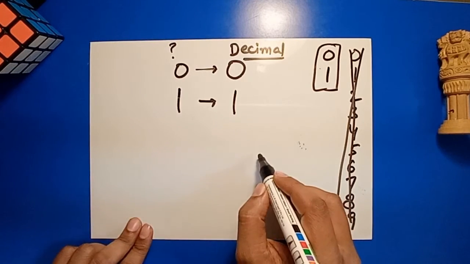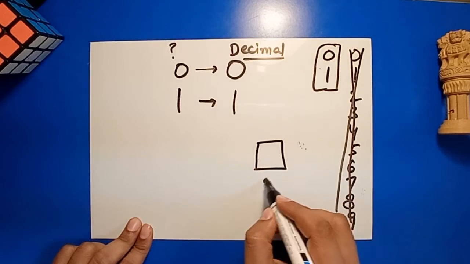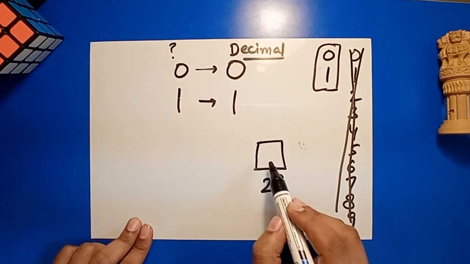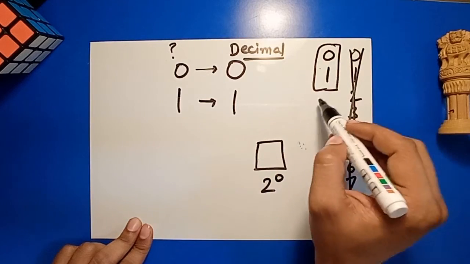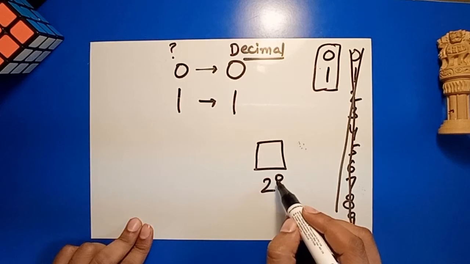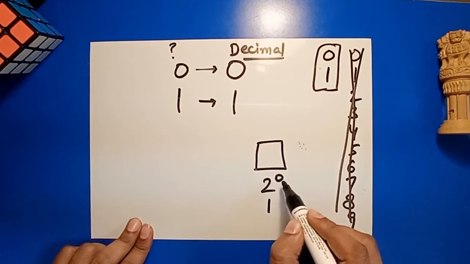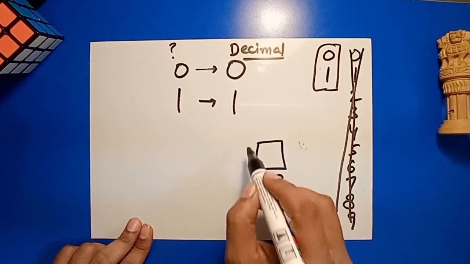So the first position would be 2 power 0. The place value in this number system, which has only 2 digits, will be 2 power 0, which is 1, right? 2 power 0 or anything power 0 is 1.